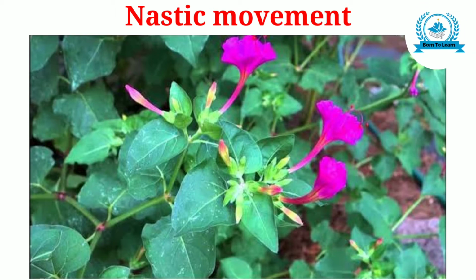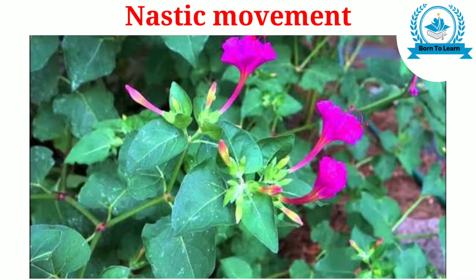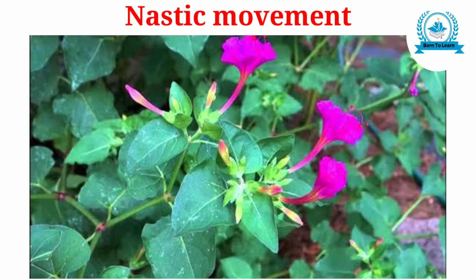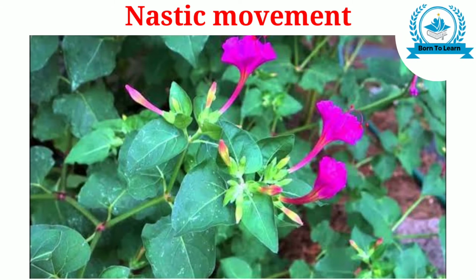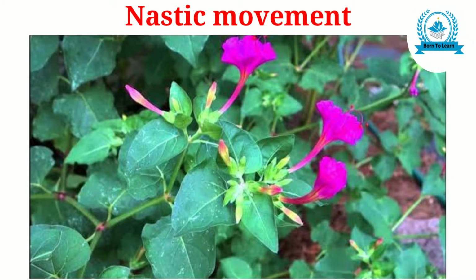That is, the movement of the plant part in some plants is not in a particular direction with respect to the stimulus. The movement of a plant part in response to an external stimulus in which the direction of response is not determined by the direction of the stimulus is called Nastic movement.